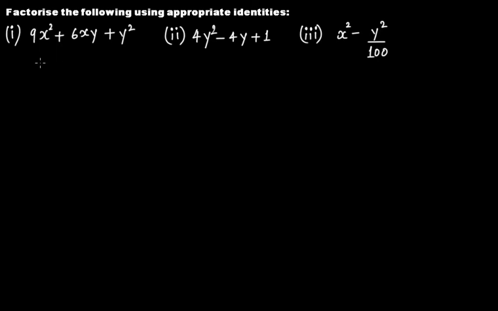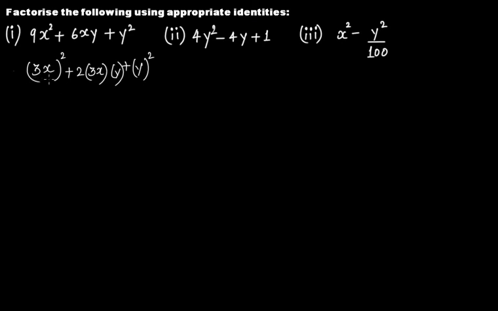This 9x squared can be written as (3x) whole squared, plus y whole squared, and this 6xy can be written as 2 multiplied by 3x multiplied by y.